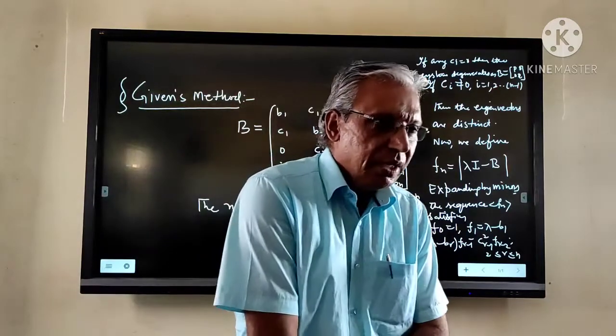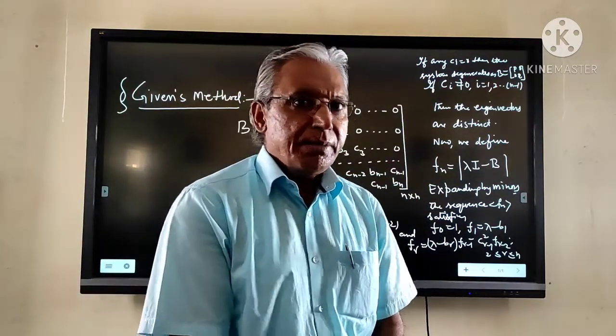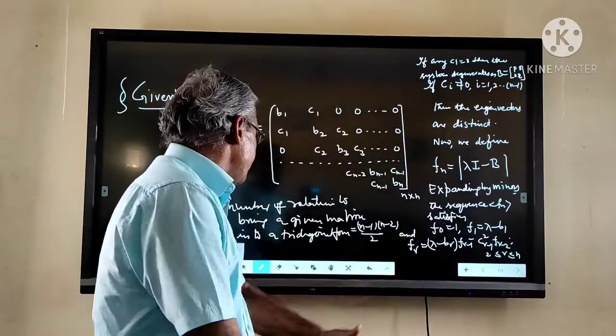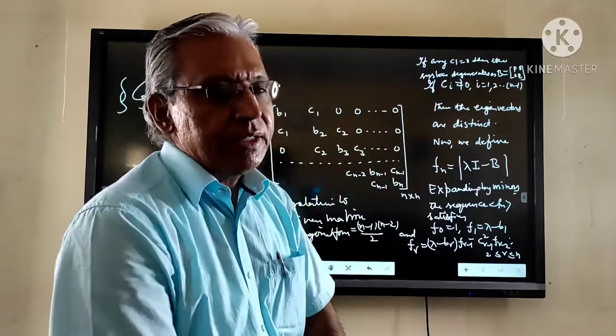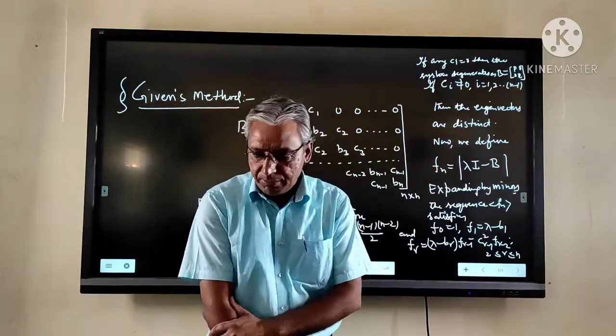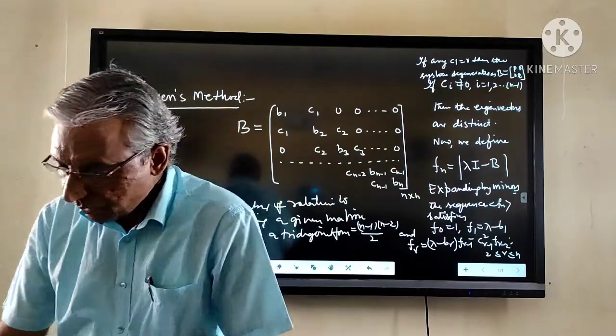If A is the given real symmetric matrix of order n by n, then the total number of rotations to bring this given matrix into a tridiagonal matrix is n minus 1 into n minus 2 upon 2.